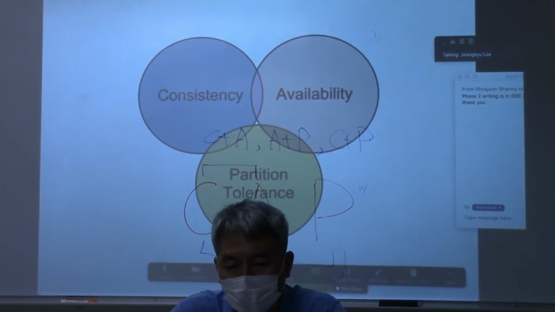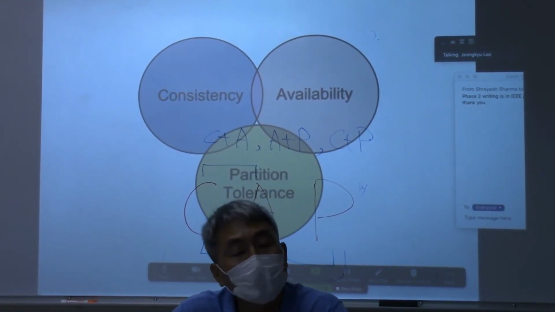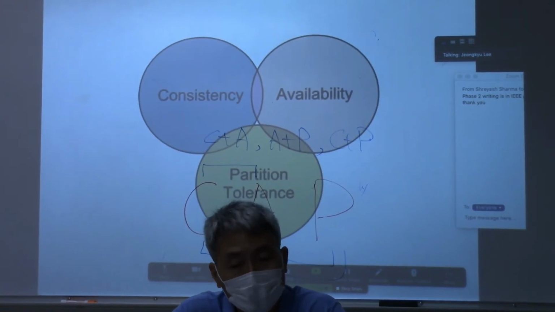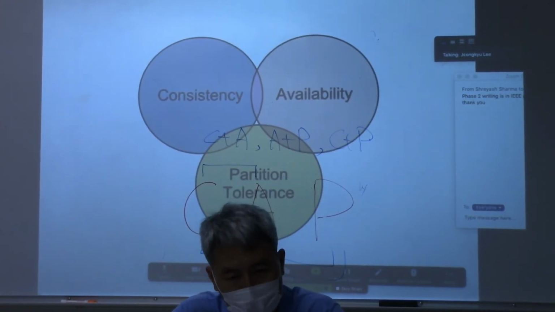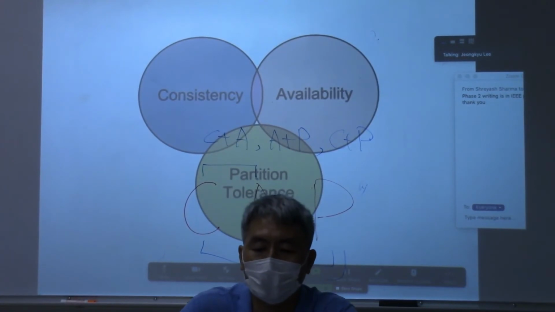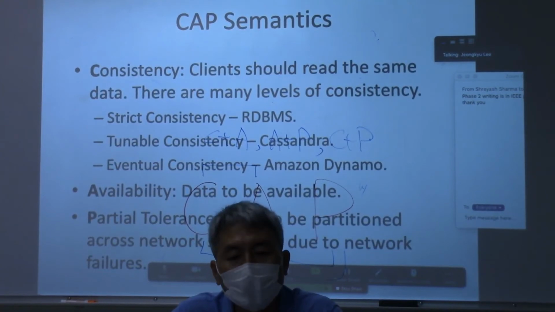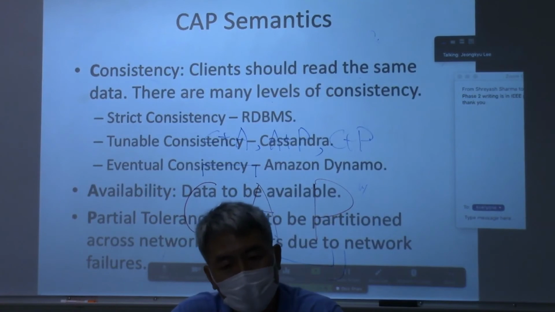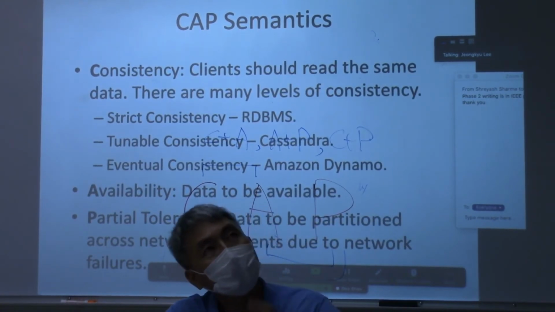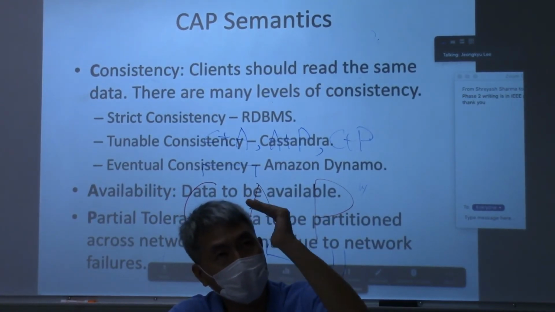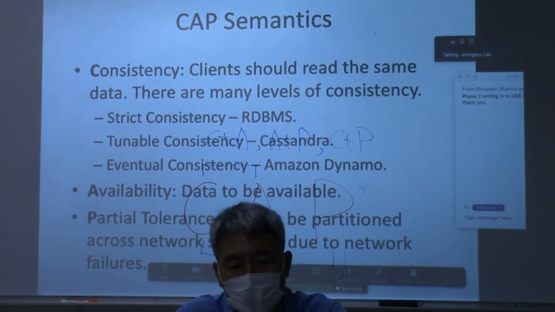There are three characteristics or properties of a distributed system, or NoSQL database: consistency, availability, and partition tolerance. I already explained each of them, so you can easily understand each characteristic of the NoSQL database. First, consistency. The relational database is focused on very high, strict consistency.